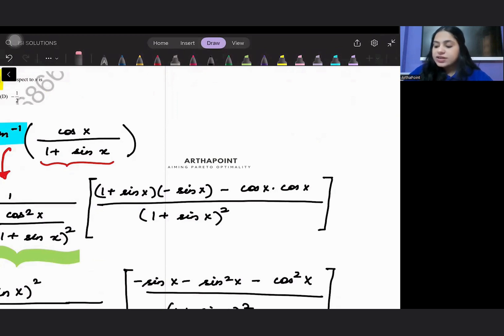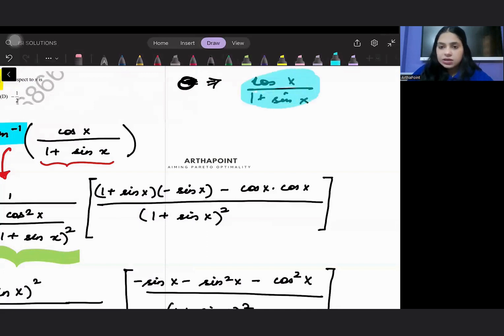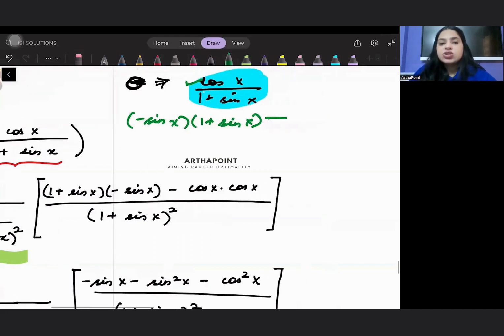And we need to see that the angle, the theta that I have here, is actually cos x upon 1 plus sin x. So differentiating this angle would mean that I need to use the quotient rule, right? So the differentiation of the numerator, the differentiation of cos x, will be minus sin x into denominator as it is, minus differentiation of denominator.